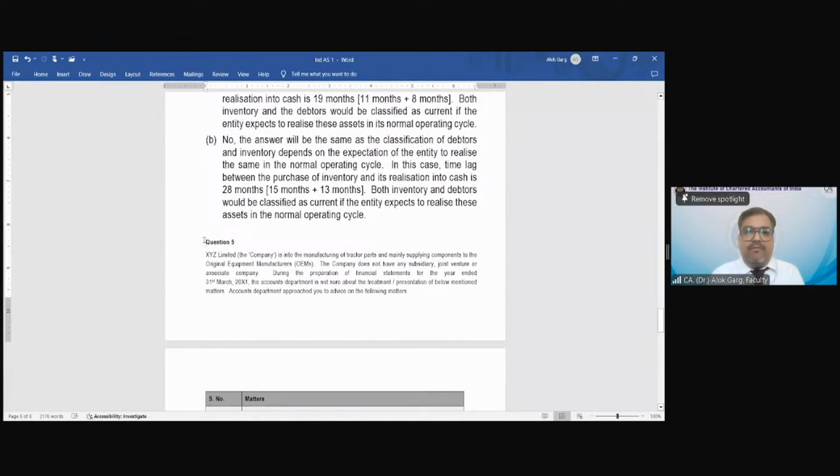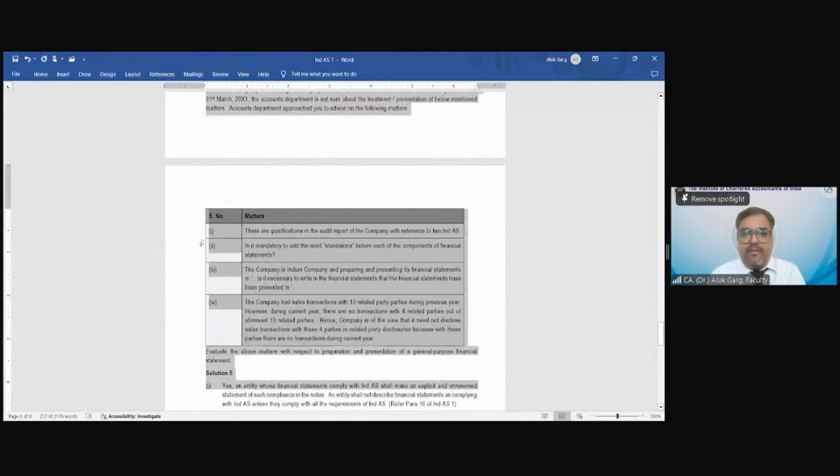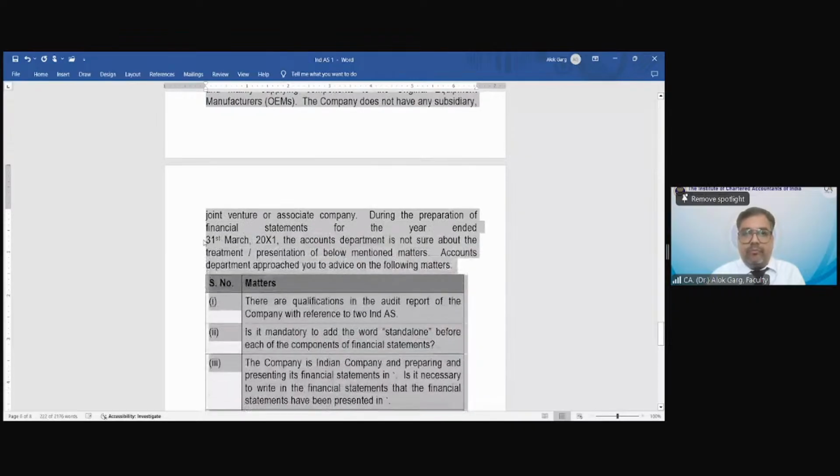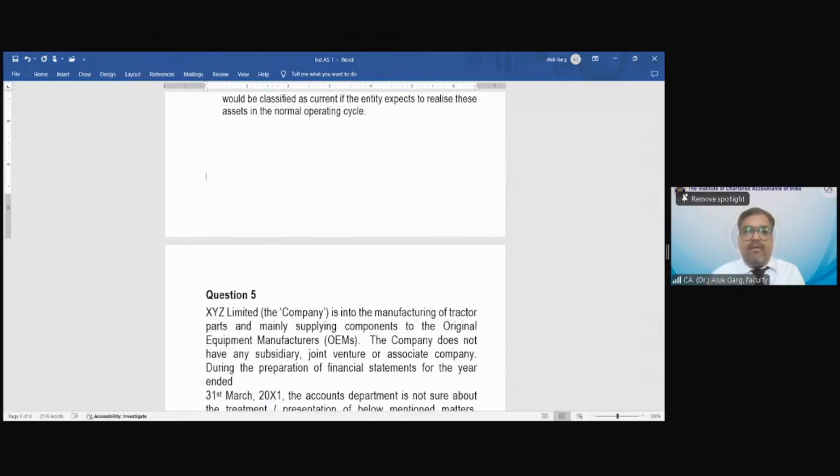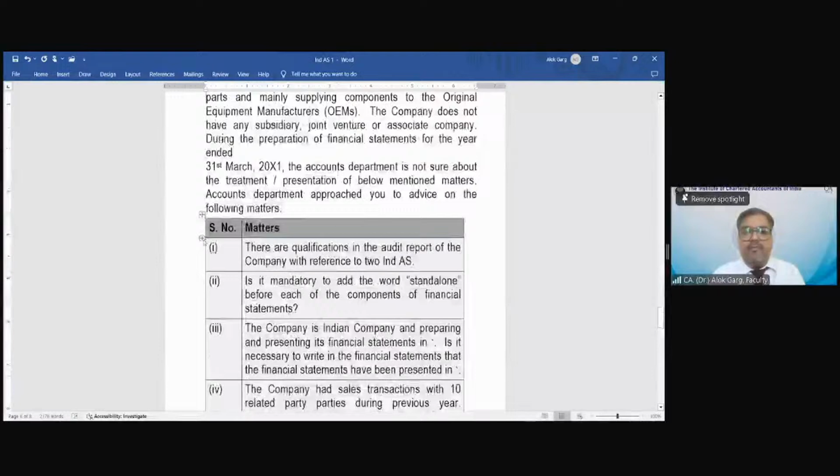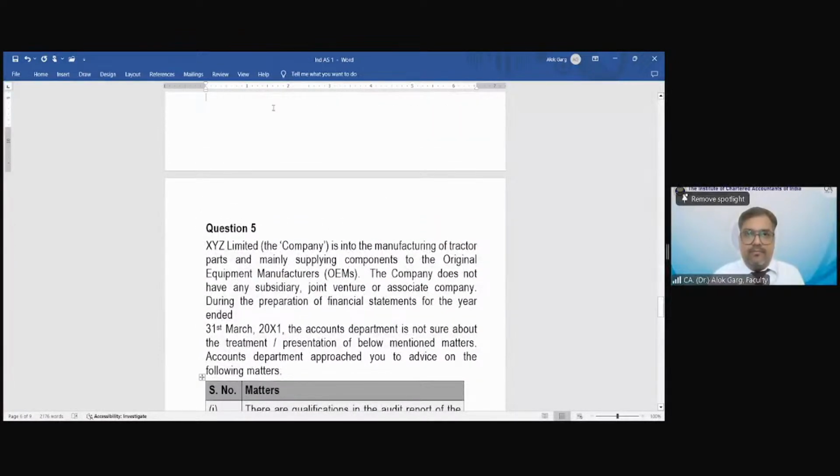I hope this question number 5 is visible to everyone. Is it visible to everyone? Question number 5. Is it visible to everyone, friends? Yes. So let's discuss this question.